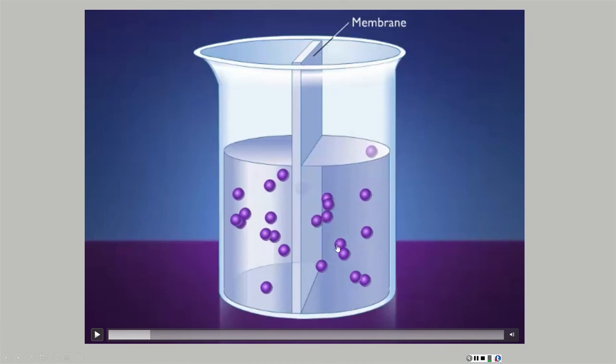So what we're seeing here is, in this case, these particles, I guess, are small enough to pass. I think I just said that they're too big, but in this case, I guess they're small enough that they can pass. And it's going to show us here in just a moment something that's too big to pass and what effect that has. So things are moving across this membrane. Water and, I guess, these really, really small particles.